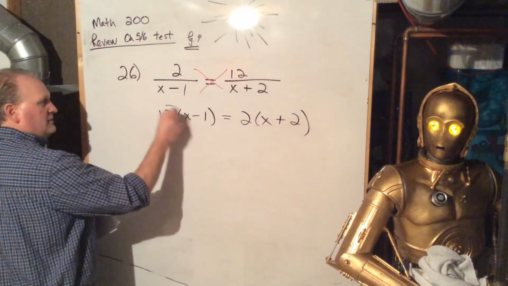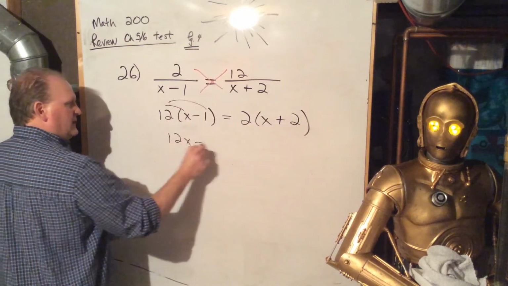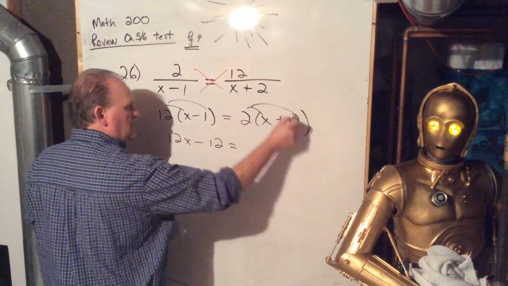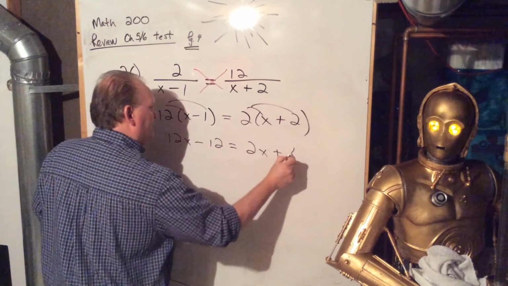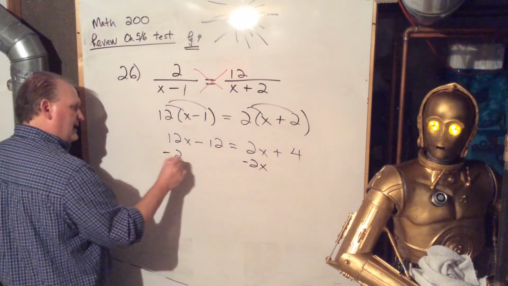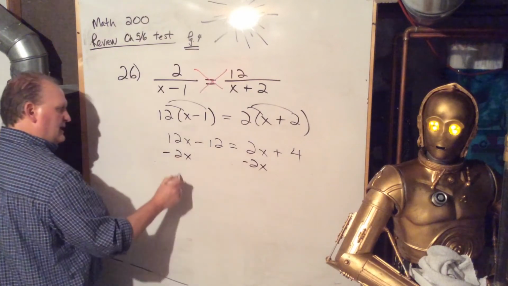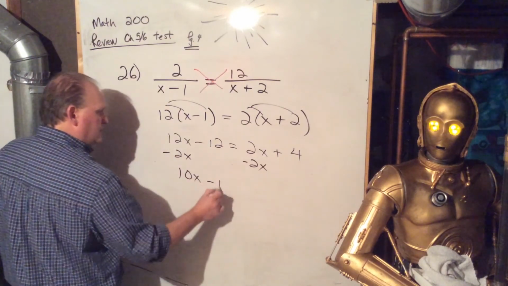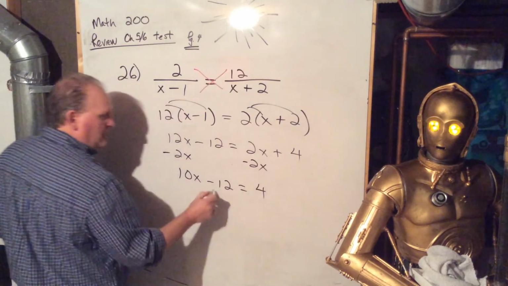And then we do the distributive property. 12x minus 12 equals 2x plus 4. And then get all the variables to one side. So we'll subtract 2x from both sides. 10x minus 12 is equal to 4.